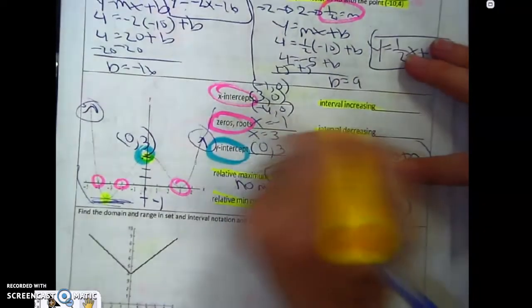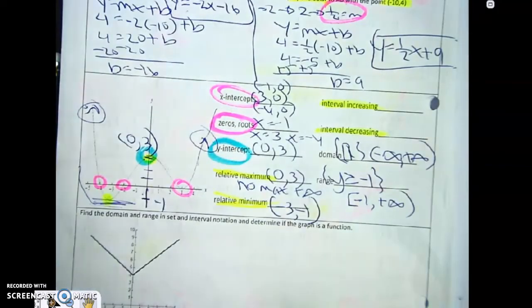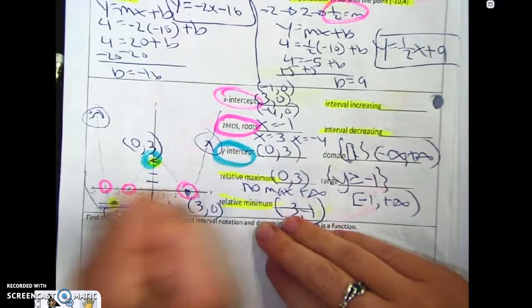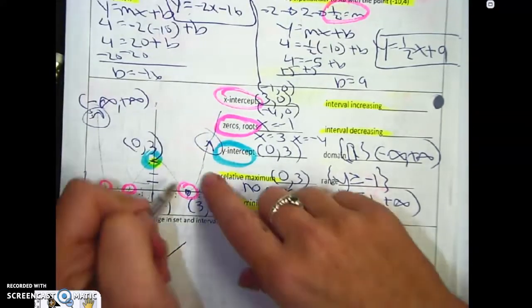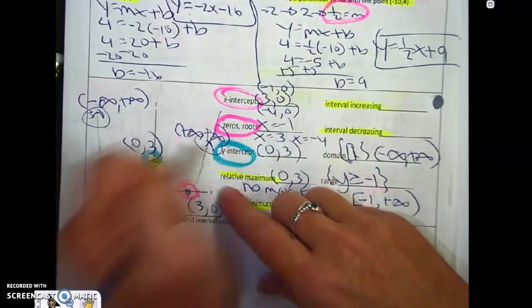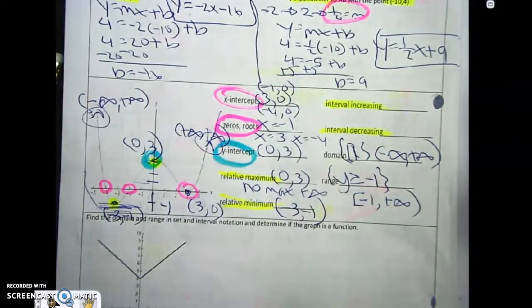Intervals increasing and intervals decreasing. I'm going to start labeling important points. So this is -3, -1. This is 3, 0. I labeled that one. This is to the left, negative infinity, up, positive infinity. This is right, positive infinity, and up, positive infinity. Intervals are only my x.